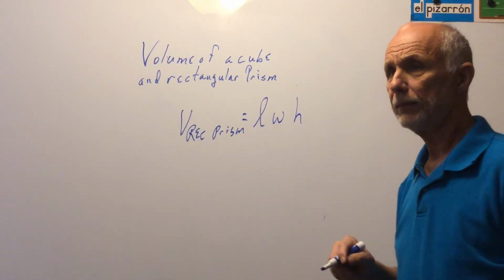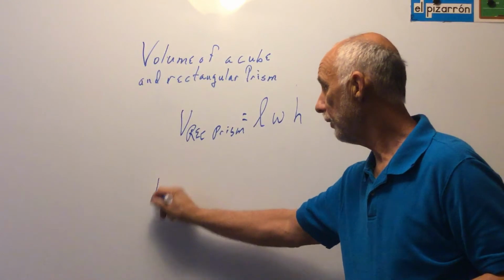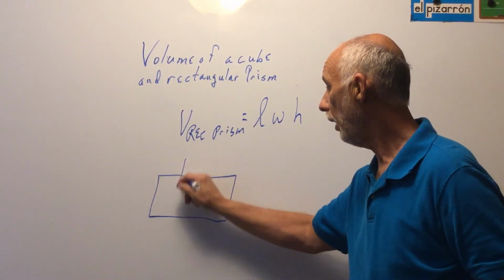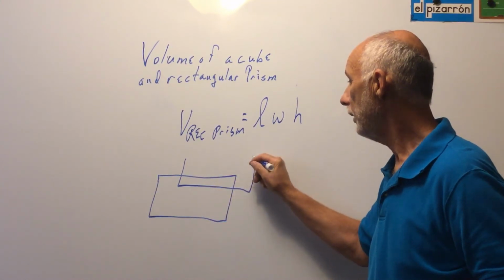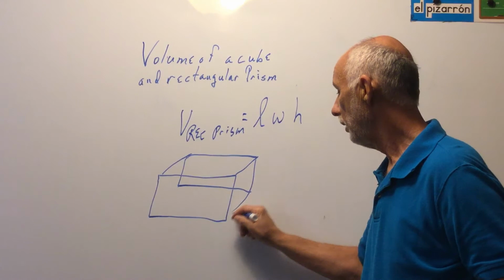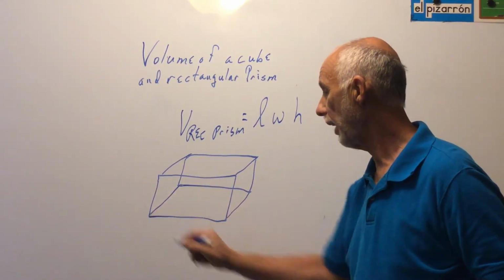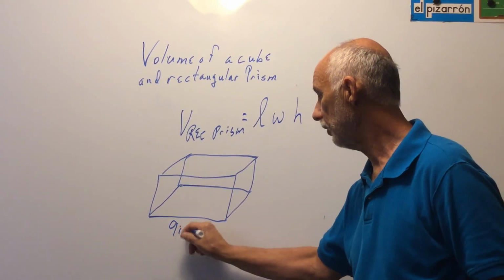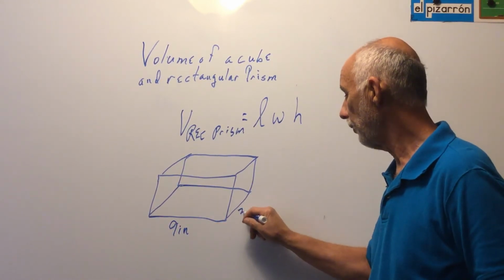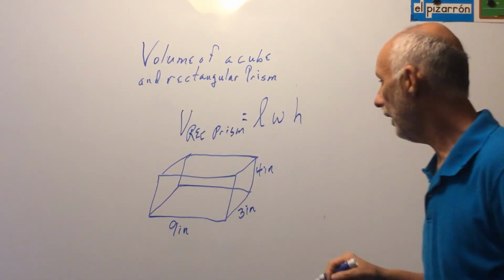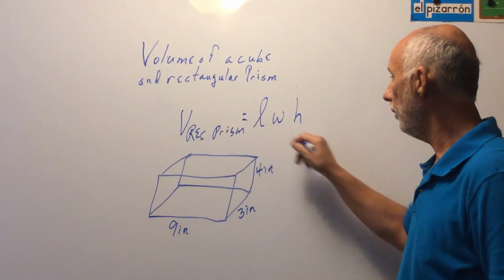And again, if you understand that, great. And if you don't understand where it came from, all you really need to know is the formula. Replace the variable with its value, use the order of operations to work it out. So if I had a length of, say, 9 inches, and a width of 3 inches, and a height of 4 inches, again, all I need to know is the formula.